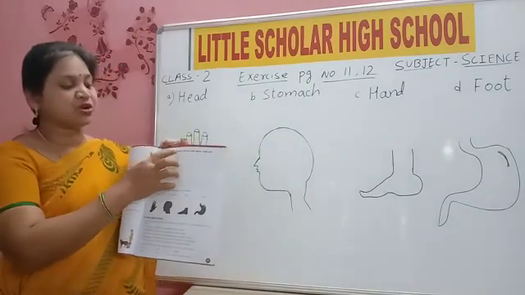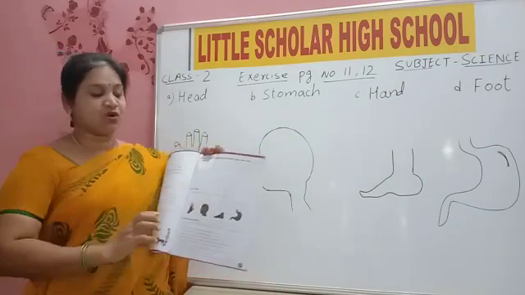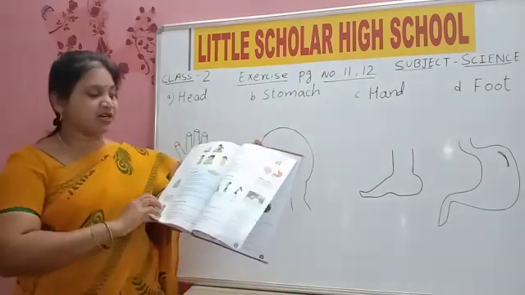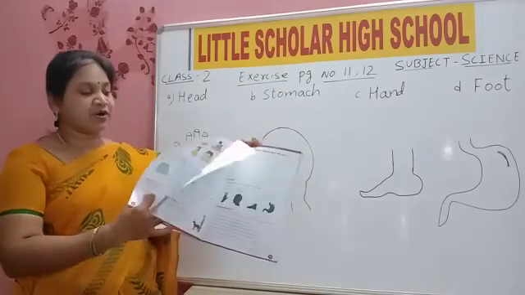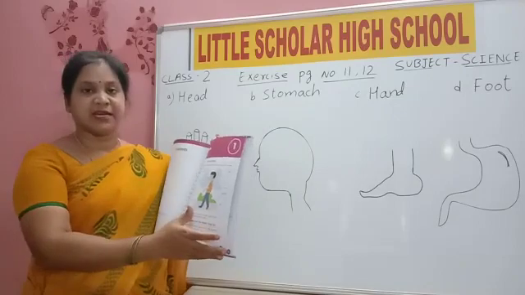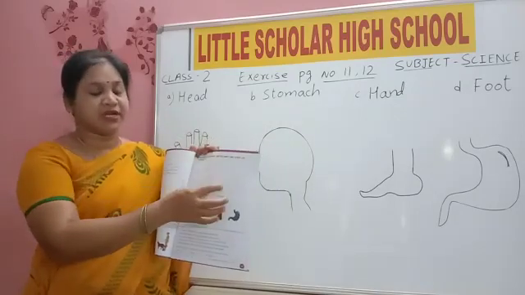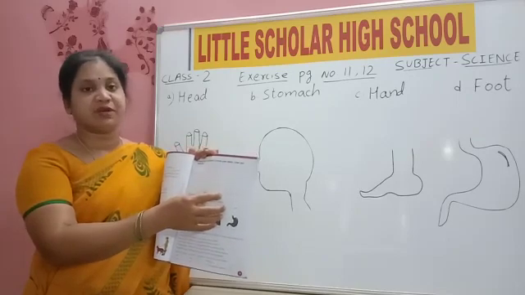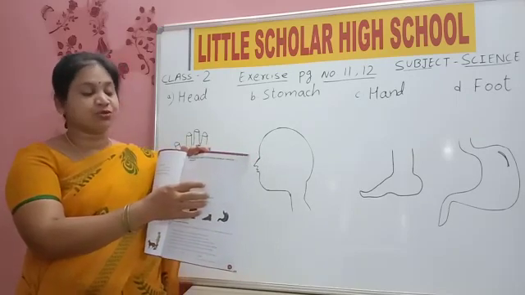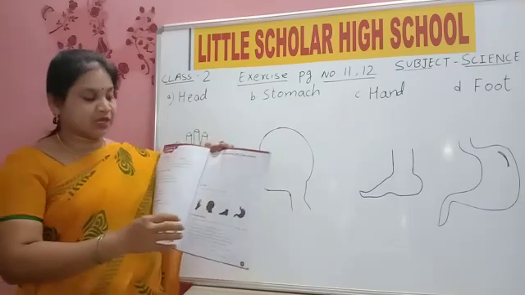See, draw a picture of yourself in the box given below. Label your body parts. Like this we have parts of our body, children: eyes, ears, nose, tongue, skin. So you should draw a body and label the parts of the body.